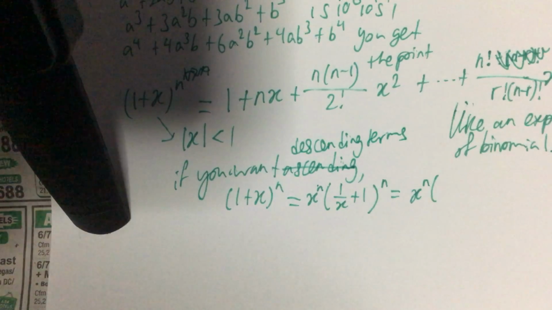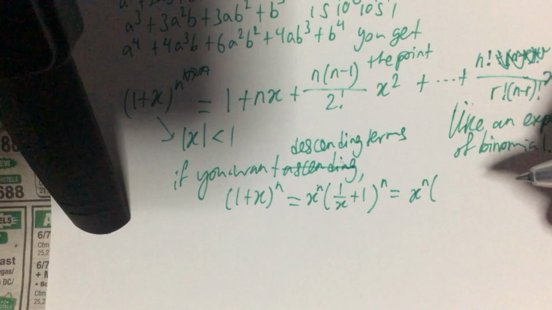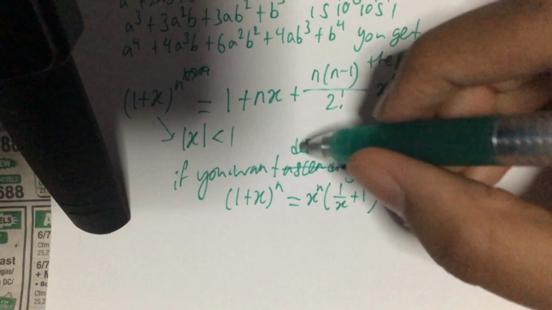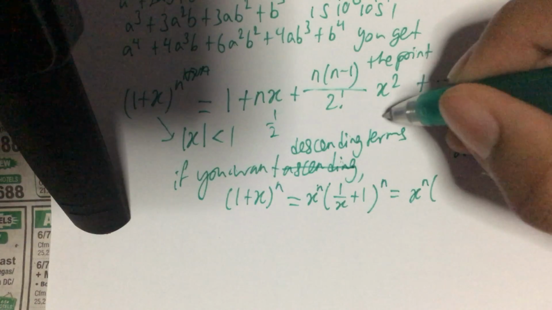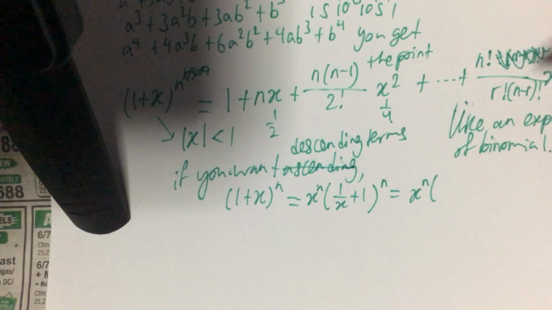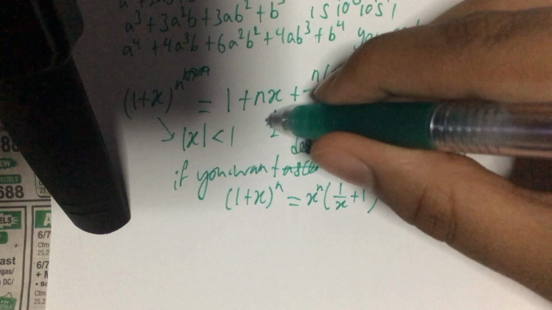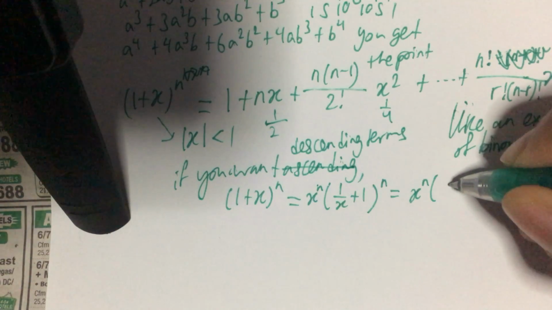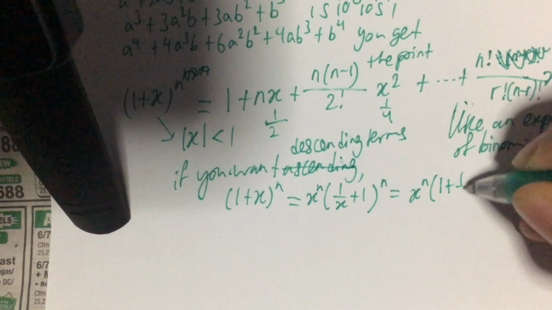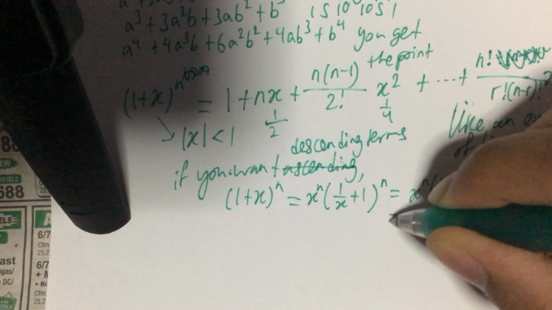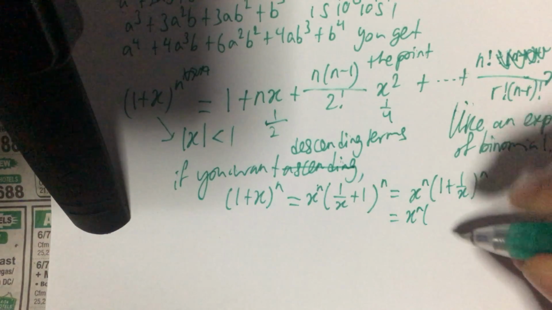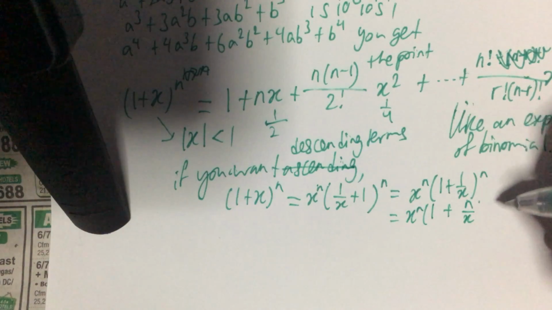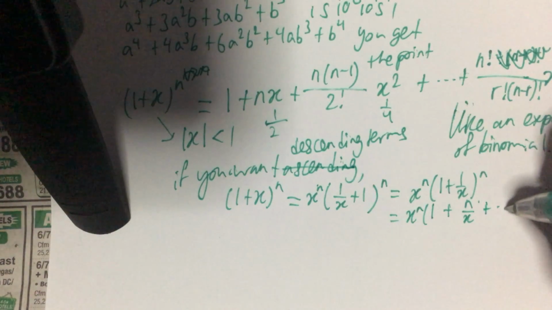But if your x is really small, or decently small, like half for example, each subsequent term can be more and more ignored, and you can just write the first 3 terms or first 4 terms in order to so-called approximate the value of (1 plus x) to the power of n, where n is not necessarily a positive n, or not a whole number kind of n.